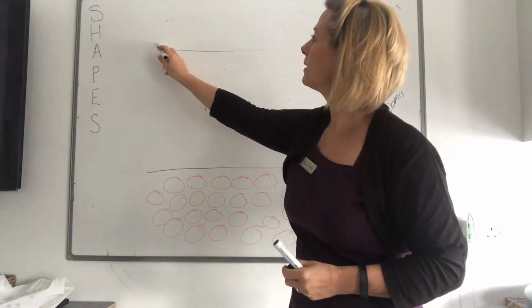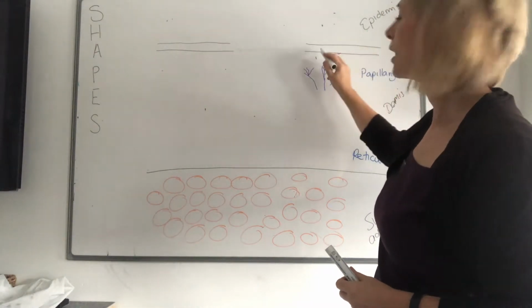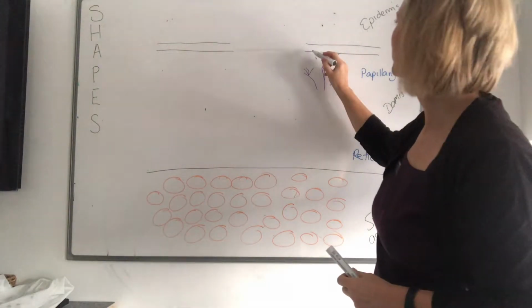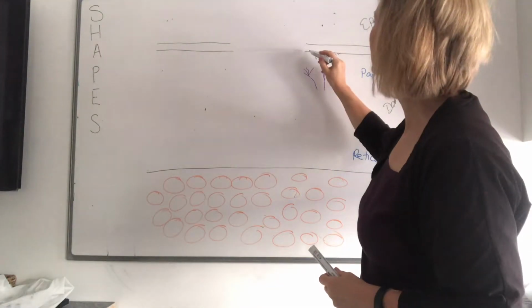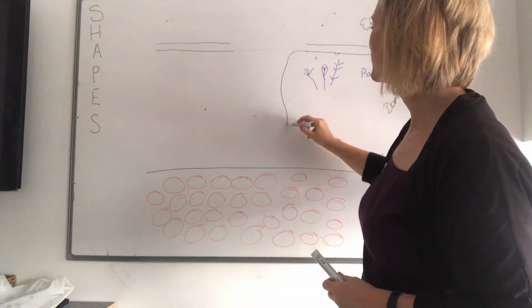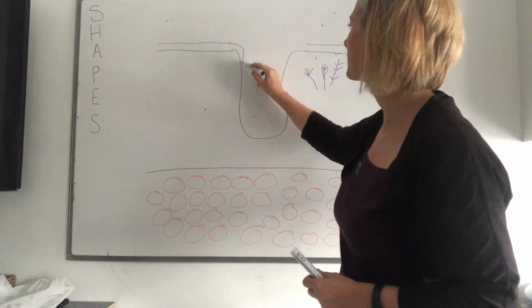So this layer here is the what layer? Epidermis. Oh, the stratum, the base layer. The base layer, so the stratum germinativum. Excellent. So that goes down and creates this indentation, doesn't it?